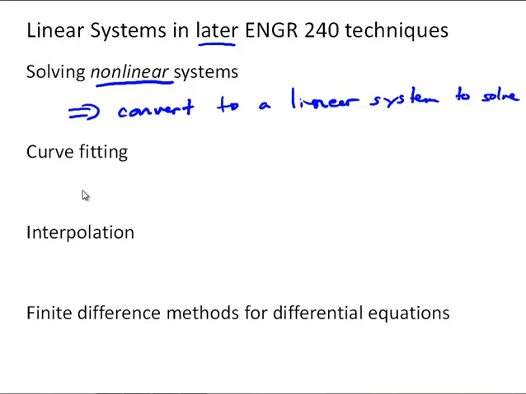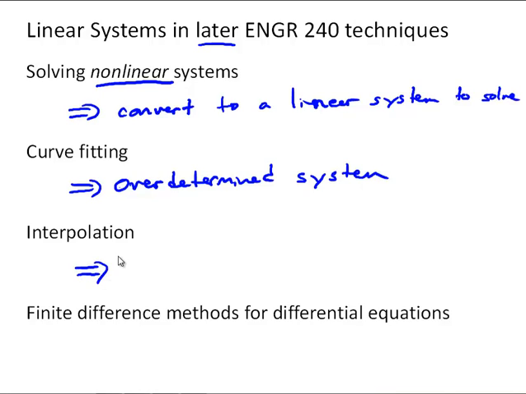Another area is curve fitting, and as I mentioned before, this is going to give us actually an overdetermined system for some algorithms. Interpolation. And interpolation actually gives us what we call an ill-conditioned system. And we'll talk about what that means in future videos.